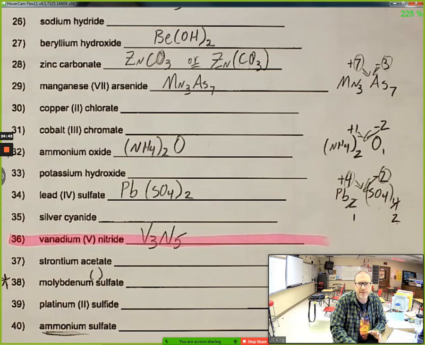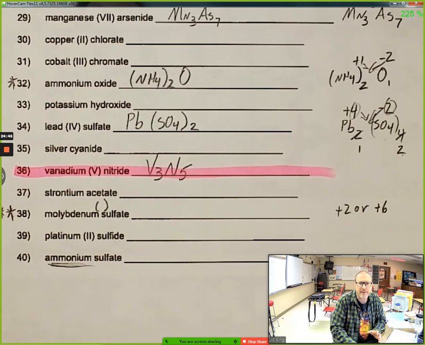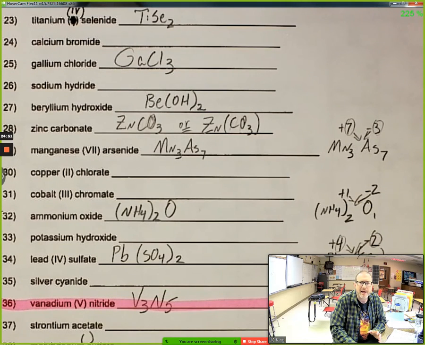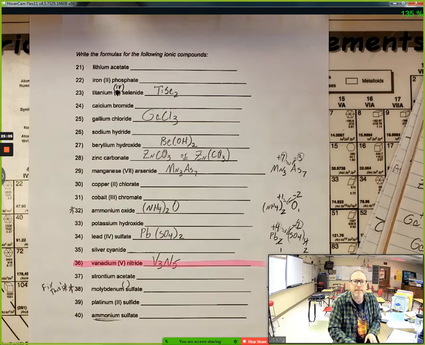So I had to put the NH4 in parentheses and put a 2 on the outside. SO4 had to go in parentheses with 2 on the outside because I had more than one of those. I didn't have to do it here because I only have one group of CO3. Okay, you can, and it's perfectly okay if you do, but you don't have to.